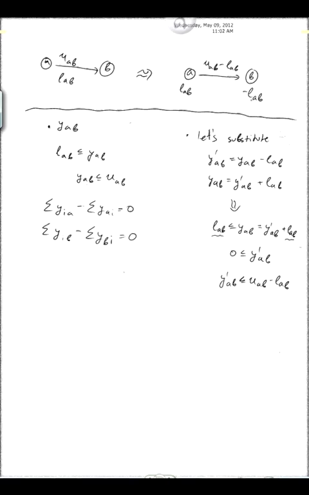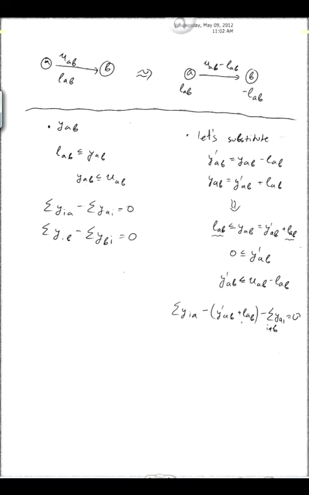Now let's see where the supplies and demands come from by doing the substitutions in the flow constraints. The variable YAB shows up in the second term of that equation. So things going into A minus, now let's do our substitution, y prime AB plus LAB, minus the rest of the stuff that's coming out of A is equal to 0. That was just substituting our expression into this constraint.